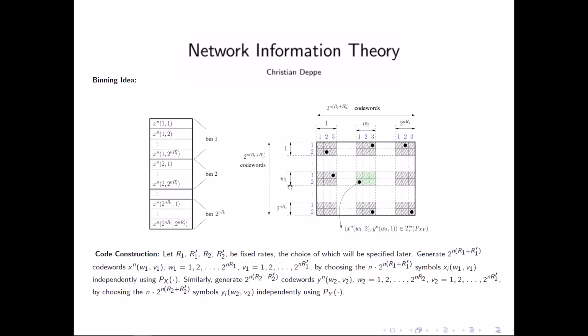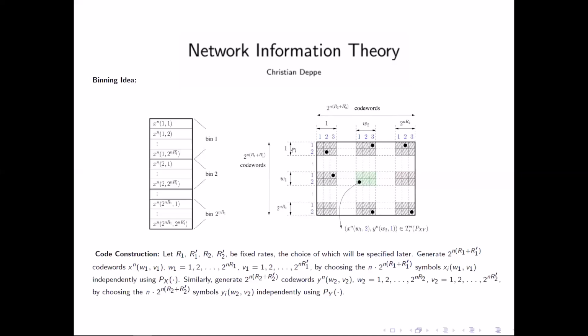So we have in total 2^(n(R1+R1')) code words x^n(w1, v1), where w1 goes from 1 to 2^(nR1), and v1 goes from 1 to 2^(nR1'). So encoder 1, for example, has to choose n times 2^(n(R1+R1')) symbols independently using the distribution p_X. The same is done by encoder 2, so that we have at the end such a scheme here. So encoder 1 is here, and here we have encoder 2.